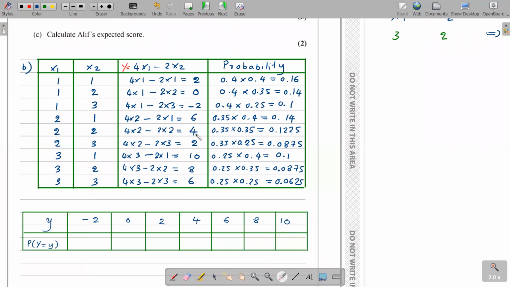Okay, so for -2, what are the probabilities? For -2, there's only one, right? The probability was 0.1.